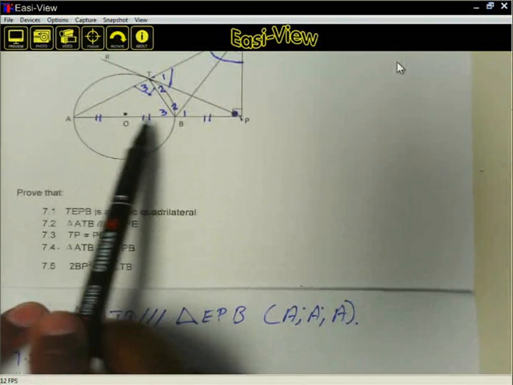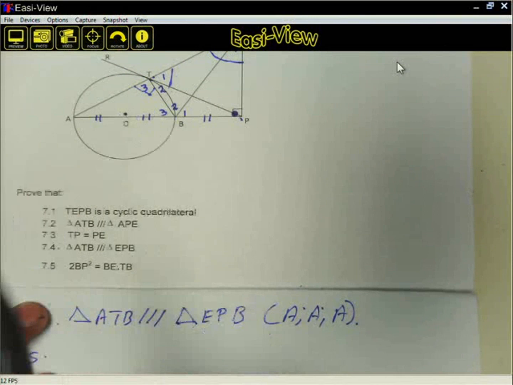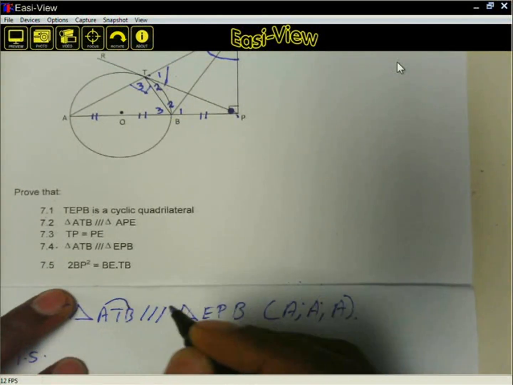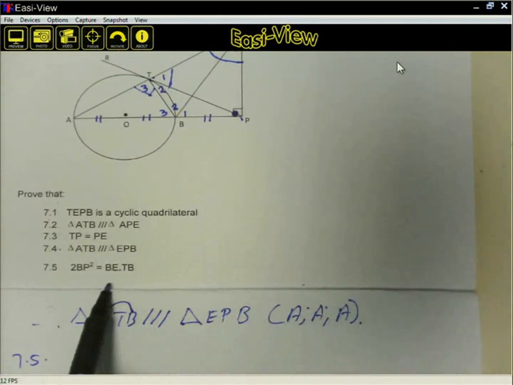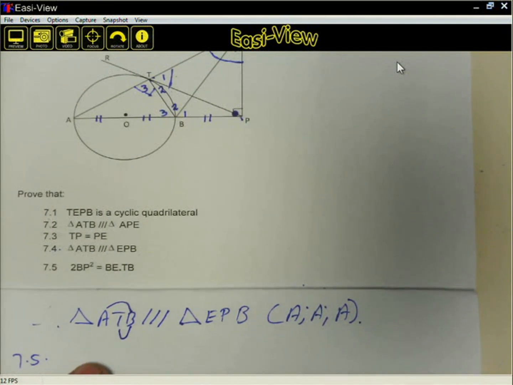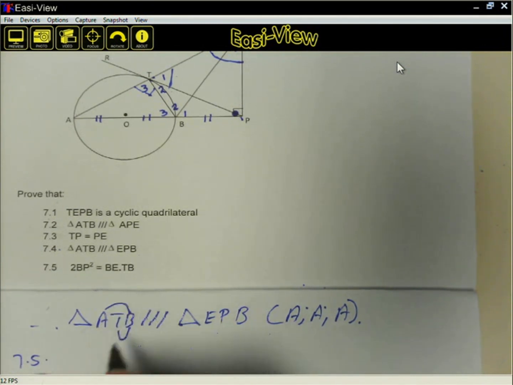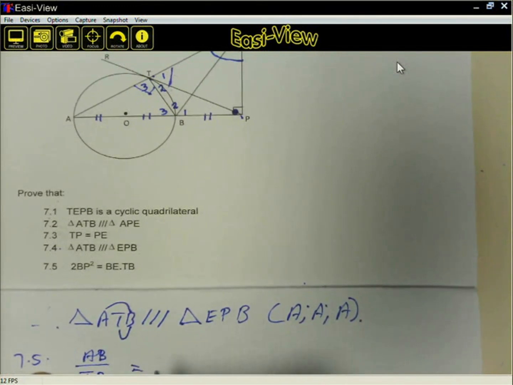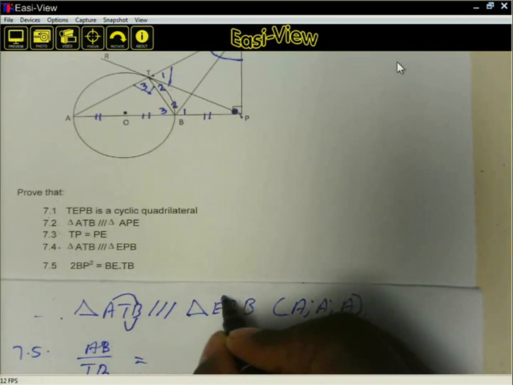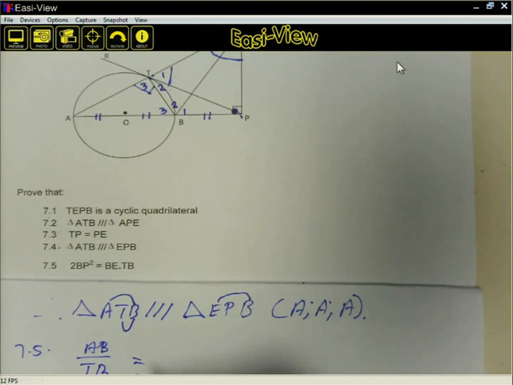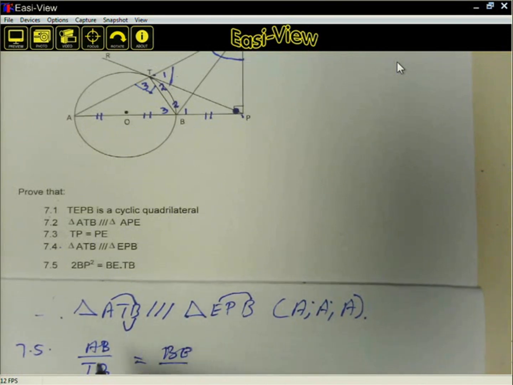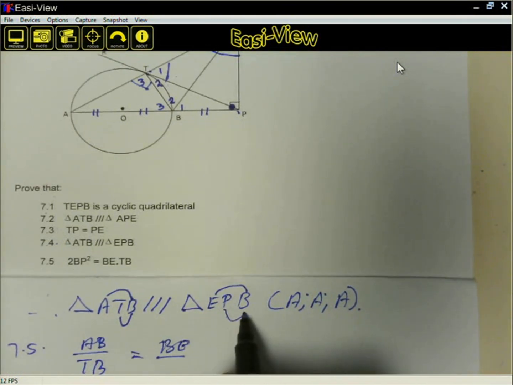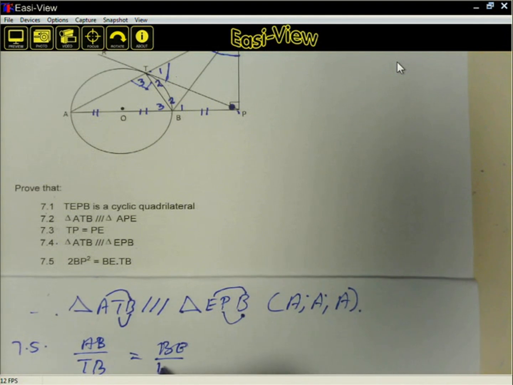AB equals AO plus OB. If you take AB over TB, order is very important when writing that the two triangles are similar. Because AB over TB will be the same as, instead of AB, you can take EB, which is BE over TB, then here will be PB or BP.